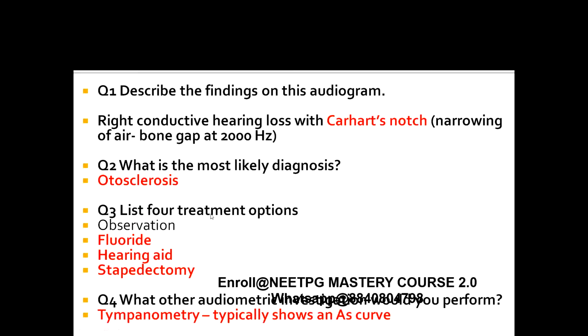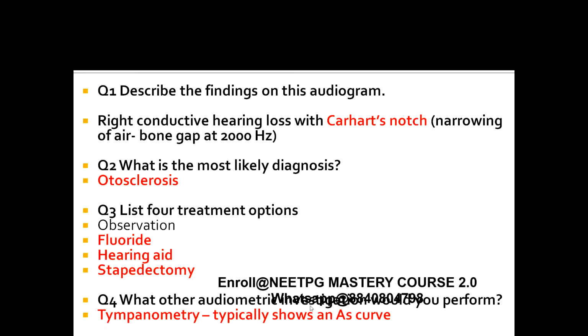In otosclerosis, the 4 treatments that you should offer to your patient are observation, fluoride therapy for active otosclerosis, we will discuss what is active otosclerosis, hearing aid, and stapedectomy, or nowadays stapedotomy. Stapedotomy is different from stapedectomy, that we will discuss.